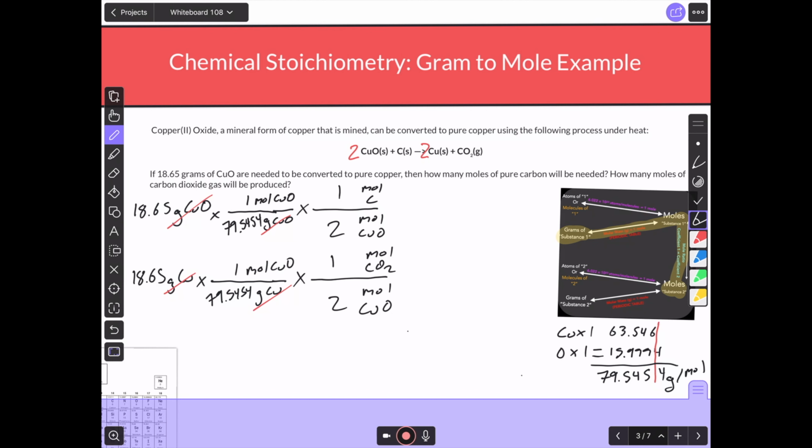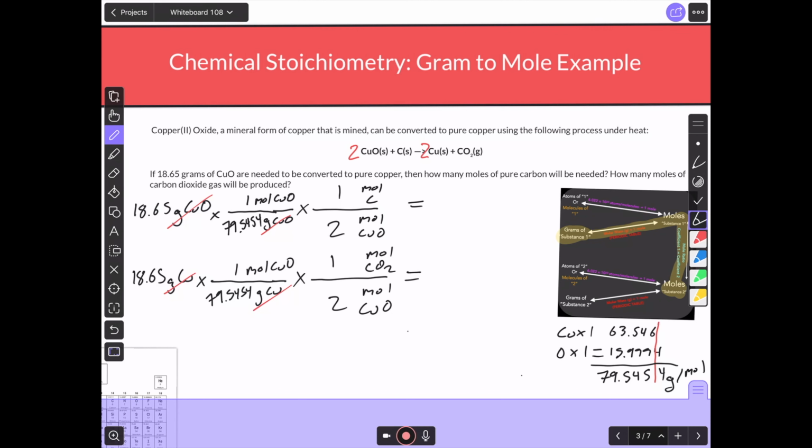So my answers, again, should be the same here. It's the same problem. So 18.65 divided by 79.5454 and divide by 2.